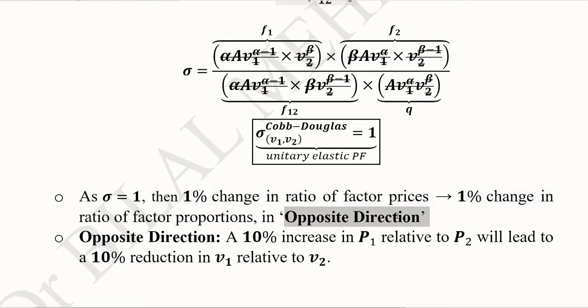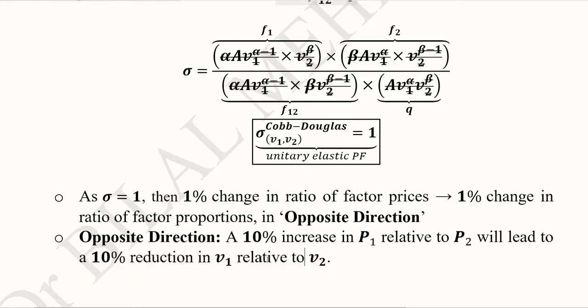And this opposite direction is also mentioned here. It is natural because when one factor of production gets expensive as compared to the other factor of production, its demand will decrease. So it means that there is a negative relationship here. Therefore, a 10% increase in P1 relative to P2 will lead to a 10% reduction in V1 relative to V2.